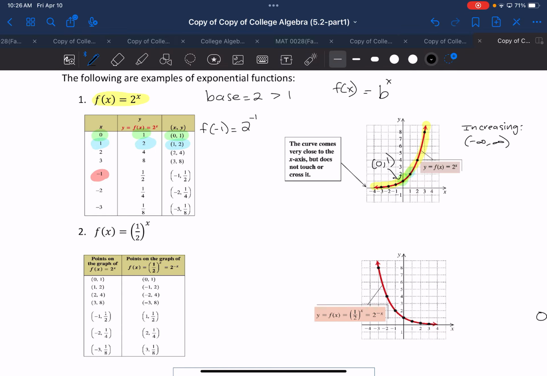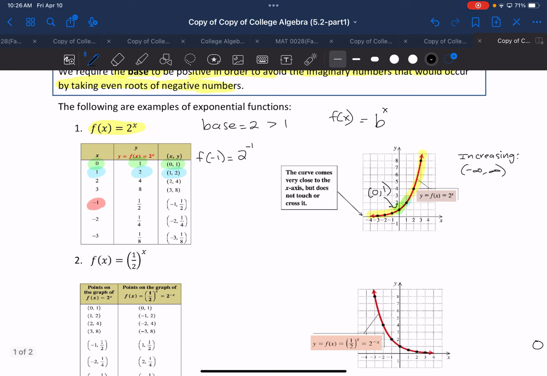So this is where we need to remember our negative exponent rules. If I have x to the negative n exponent, this is equal to 1 over x to the positive n. It's one of our exponent rules we learned. Remember, I would just make this a fraction and then I would flip it. So this is equal to 1 over 2 to the positive 1 power, which is just 1/2.